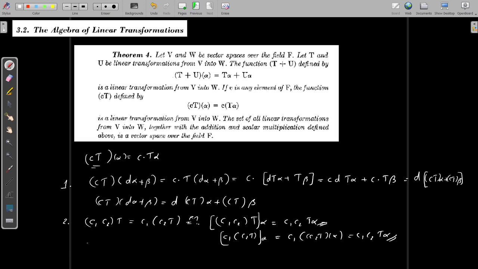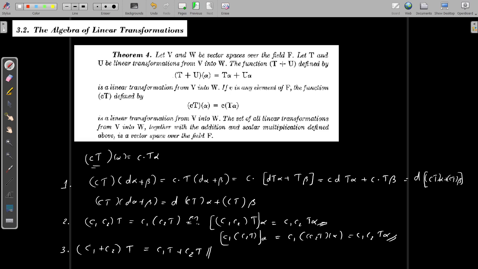Now we have the distributive property. So we have C1 plus C2 of T, that is the same as C1 T plus C2 T. We'll prove this by evaluating both sides.